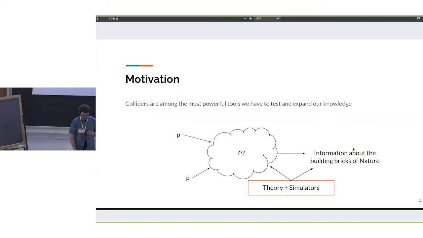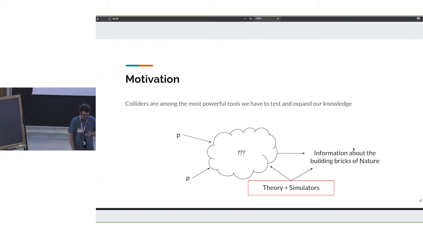And here I point towards the use of theory and simulators in order to try to infer what we get from the experiments, to try to understand what these results tell us, but also to try to design better experiments and better channels to study and to probe the standard model.